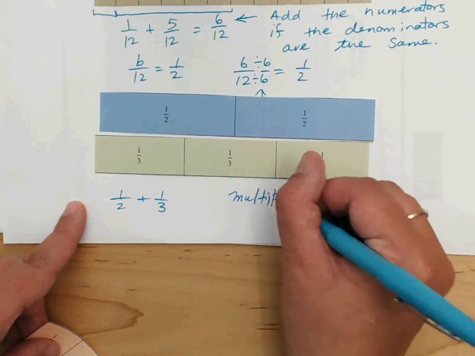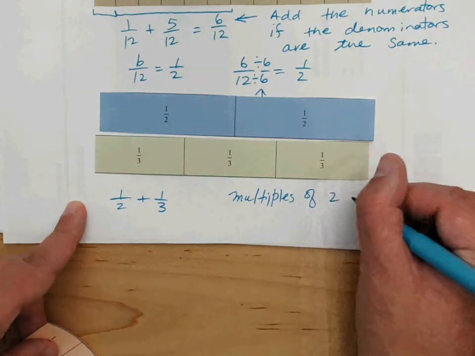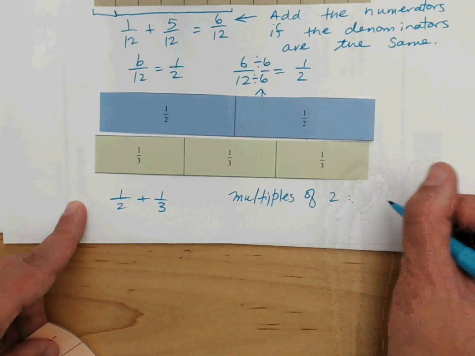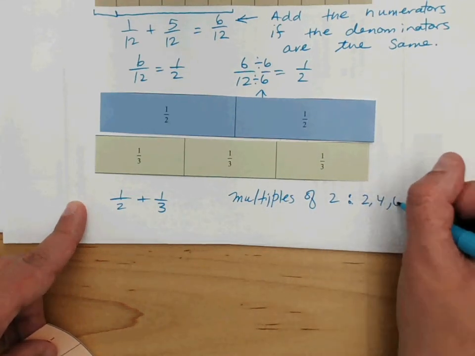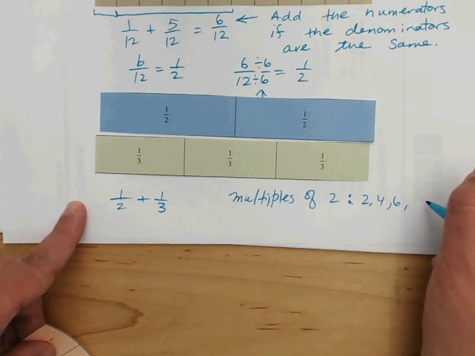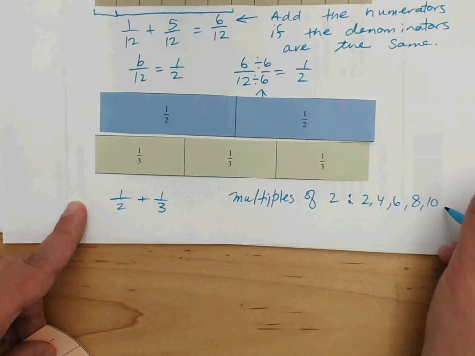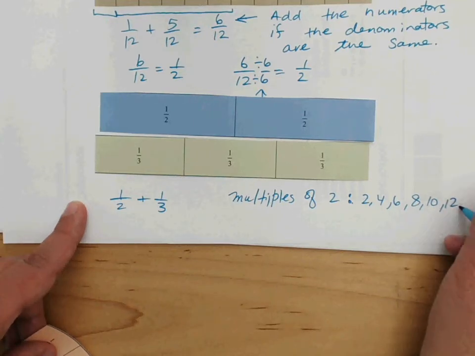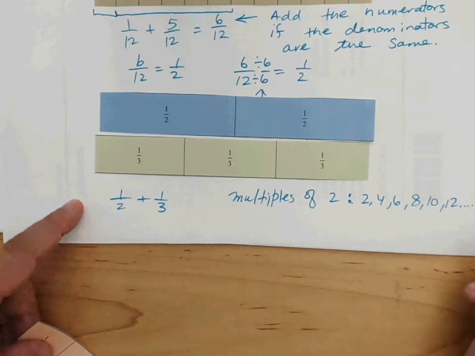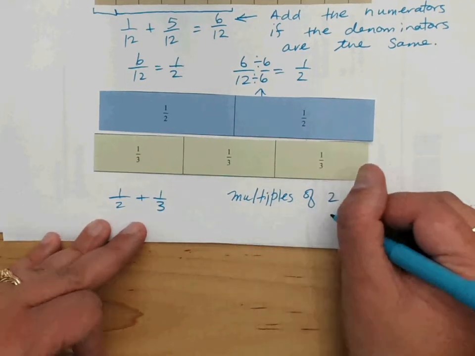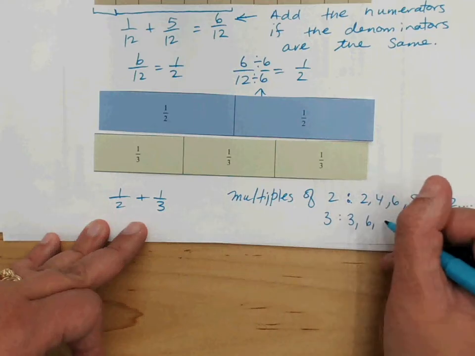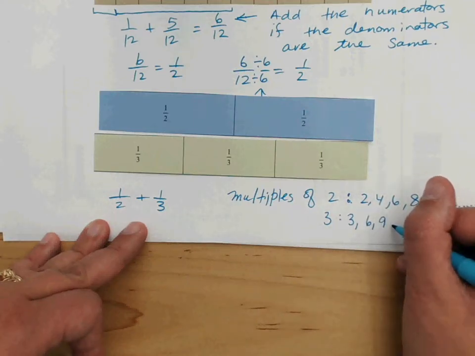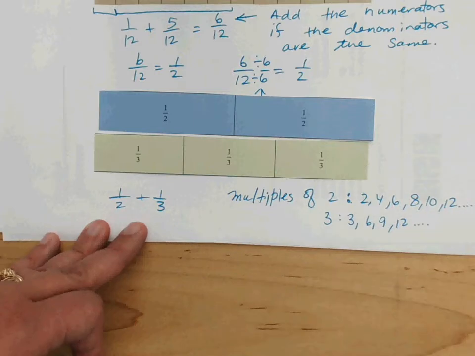Multiples of 2 are: 2, 4, 6, how many more are there? 8, 10. Can I list them all? Oh, they keep going. Multiples of 3 are 3, 6, 9, 12. They keep going for infinity.